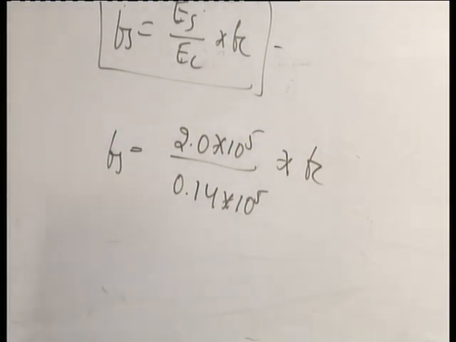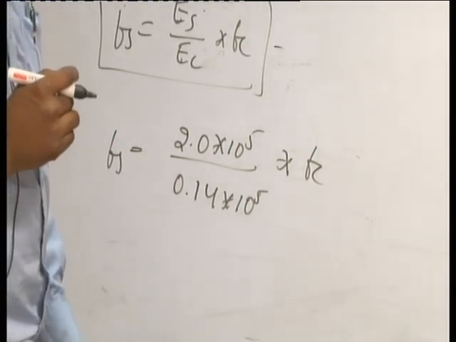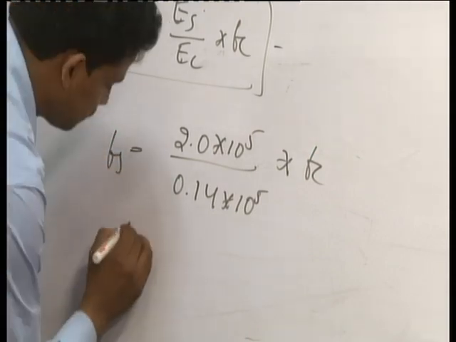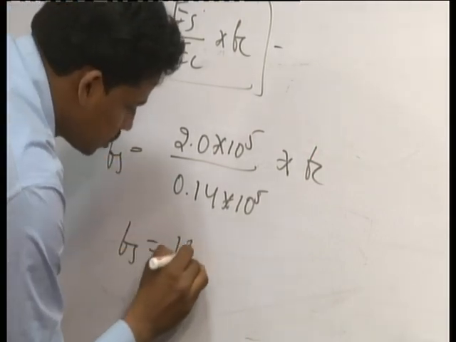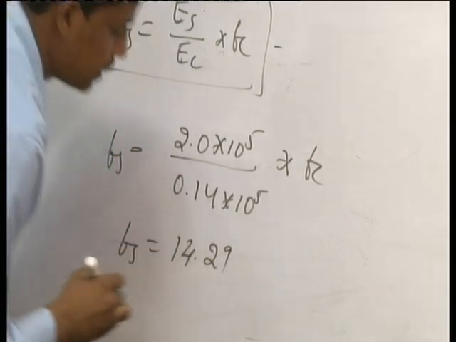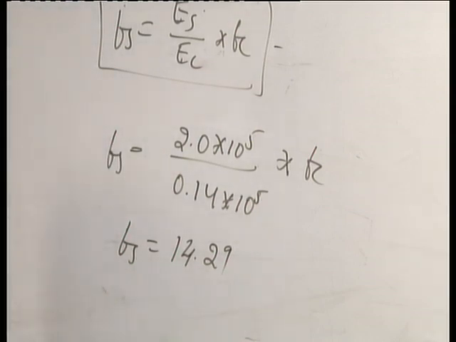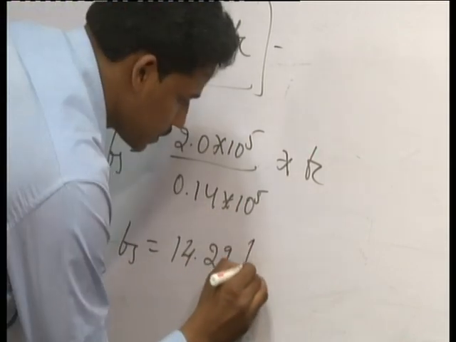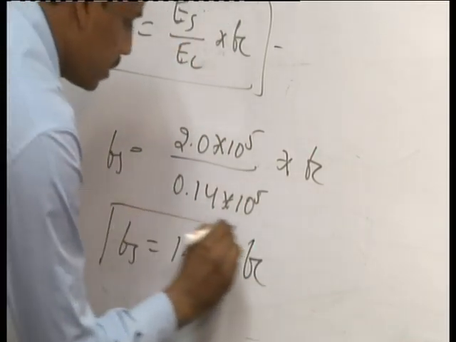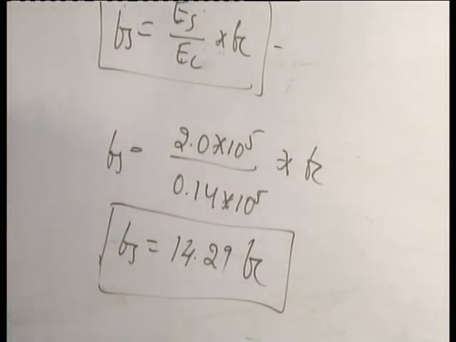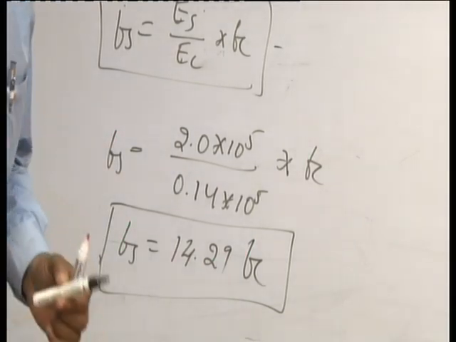We will get Fs equal to 14.29 into Fc. Now we got Fs in terms of Fc.